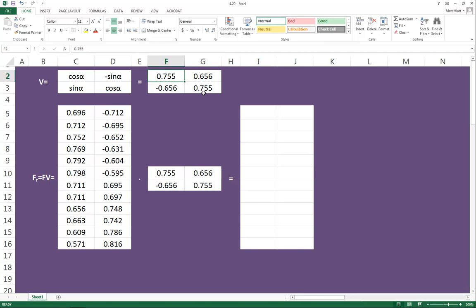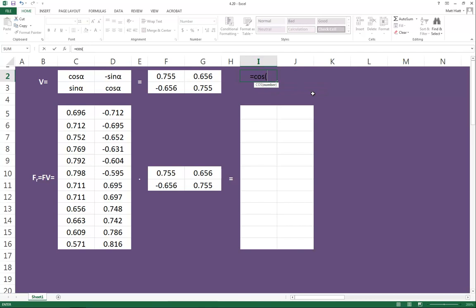Now, in case you're wondering, there is a way to calculate these numbers here using our counterclockwise rotation of 319 degrees. There's a way to do that in Excel. I'll show you how in case you're interested. We hit equals, and then you can do cosine. It returns the cosine of an angle.